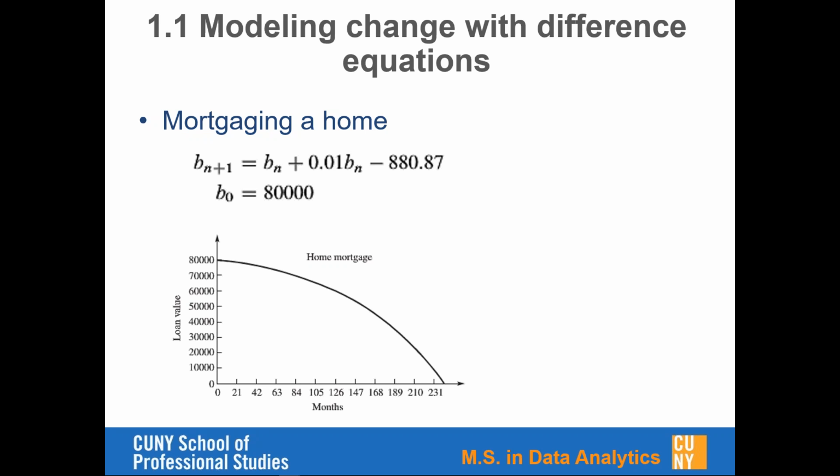Of course, in reality, because of amortization, time value of money and interest, it's a little bit more complicated than this. But from one view, you would be able to use this difference equation to know the amount of outstanding loan value for a specific mortgage.